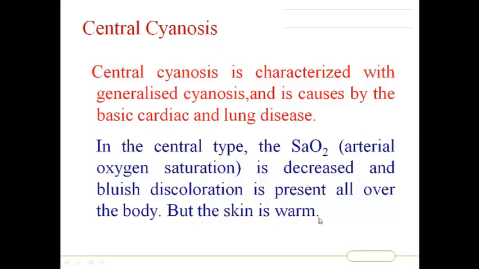So this one you should remember: in central cyanosis due to cardiac or lung diseases, because of some problem the saturation of oxygen is decreased, so the bluish coloration will be present in the whole body. But the point here is that in this case the skin will still be warm.